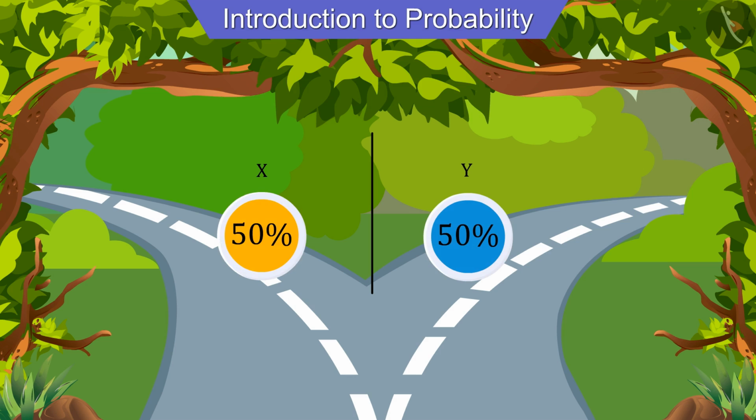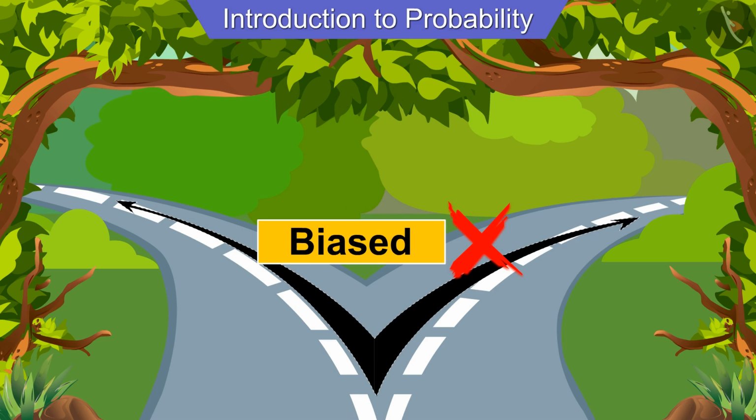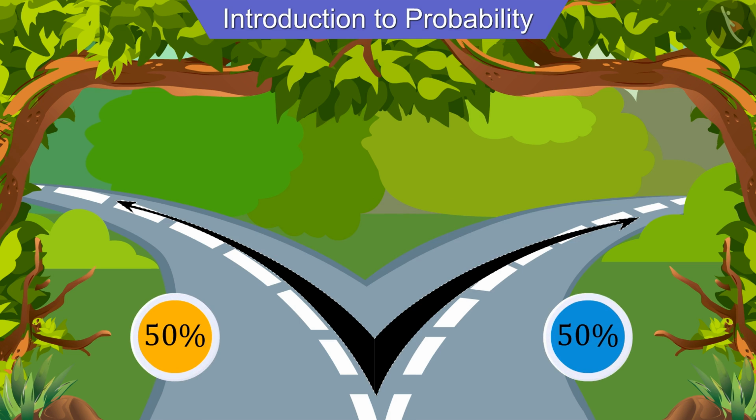Why did we make such a prediction? Because we don't know yet as to which of these two roads is the right one. Therefore, we cannot be biased towards any of the two roads, and hence, the possibility of either road being the right one has been assumed to be 50%.